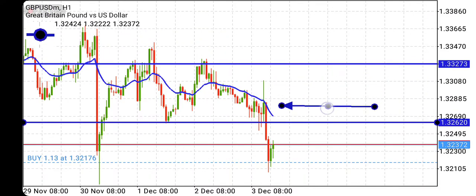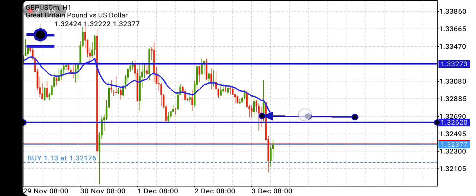So when there is a concentration around the support or the resistance, you can set the 20 moving average. And then when you set it, what do you see?